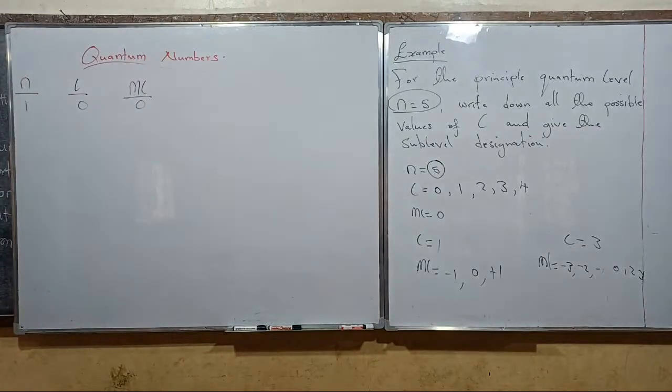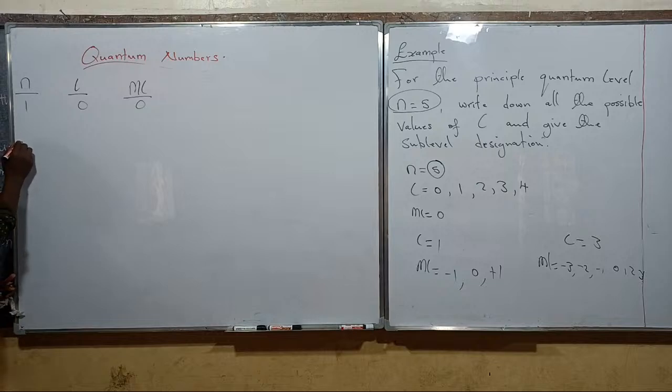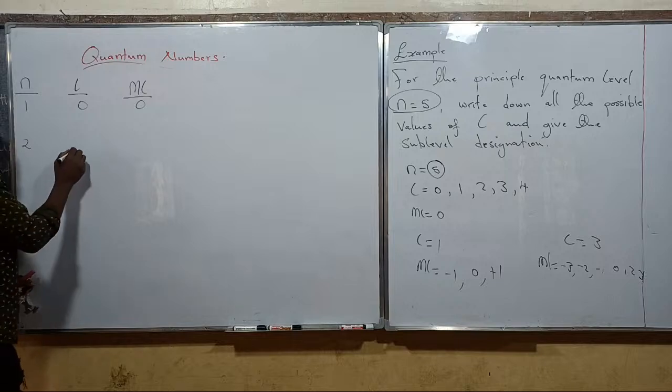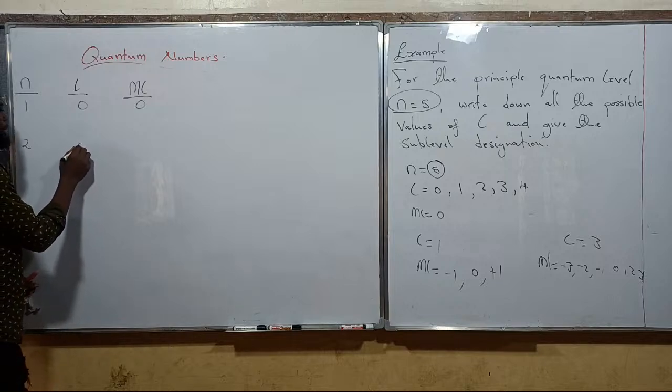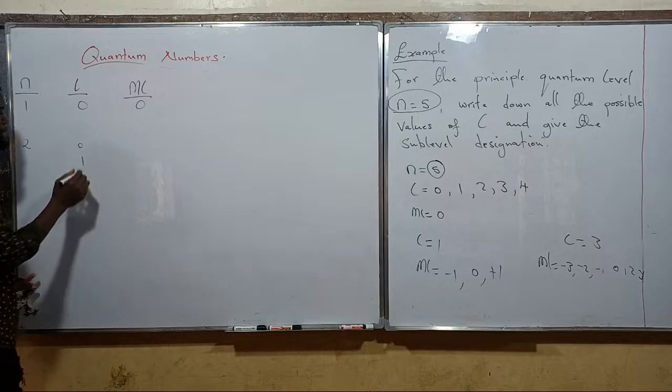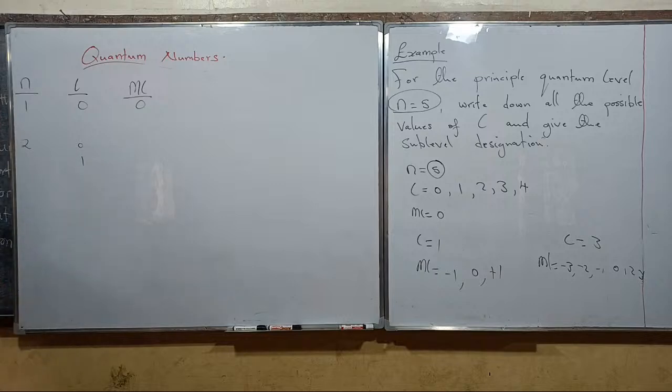Now, what happens if n is equal to 2? L is going to have values of 0 and 1. Now, what happens with ML?